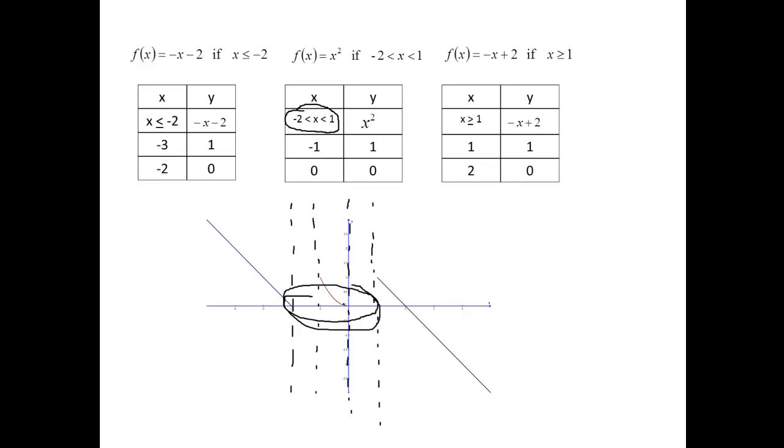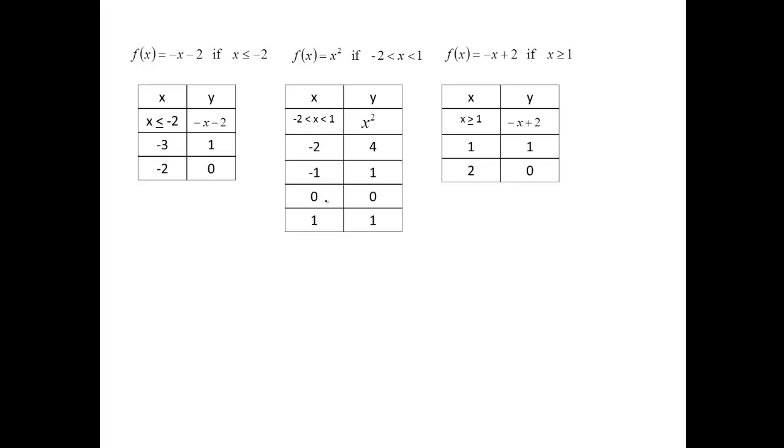So what we would really need to do is continue this trend like this parabola trend, however far we need to. But the thing is that it would stop when we get to where x is -2 and x is 1. So what we'll do then is we'll fill in what happens when we go all the way to -2 with x.